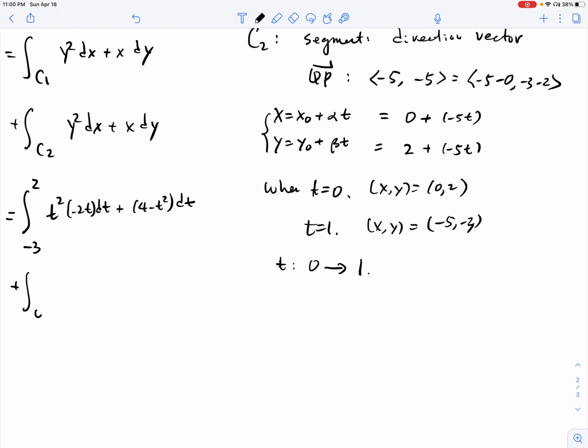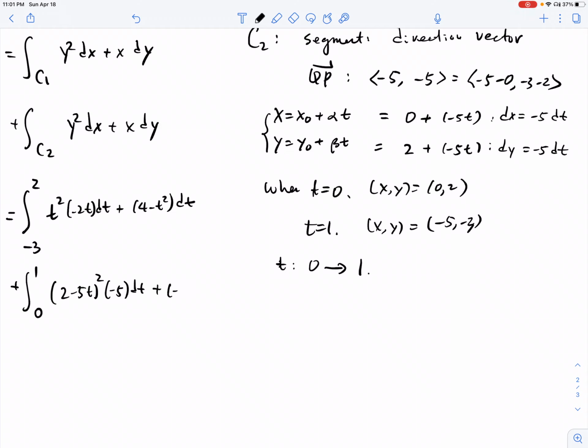And then plus number 2. For number 2, t is from 0 to 1, and then look at this one over here. We have dx equal to negative 5 dt, and dy also negative 5 dt, right, when we take the differential. And then we plug in y squared, which is (2 minus 5t) squared, times dx, negative 5 dt, and then plus x.